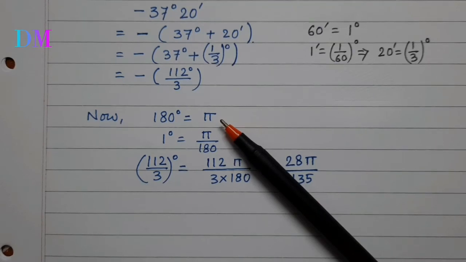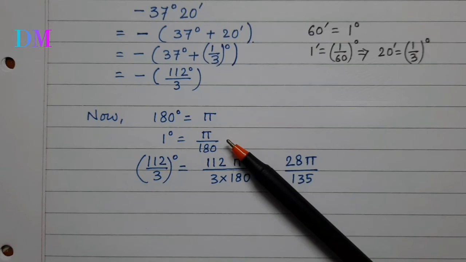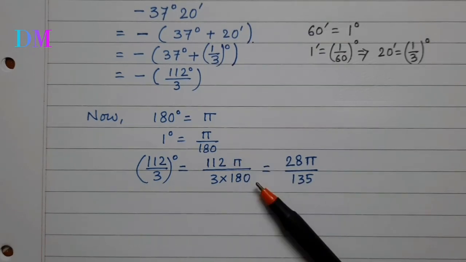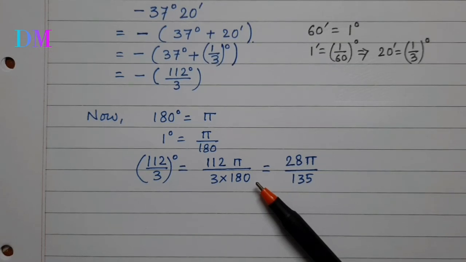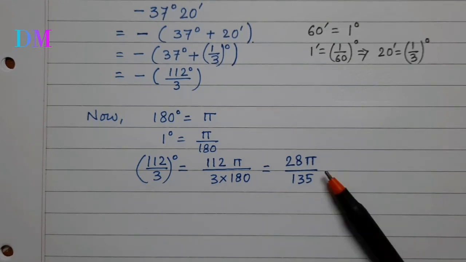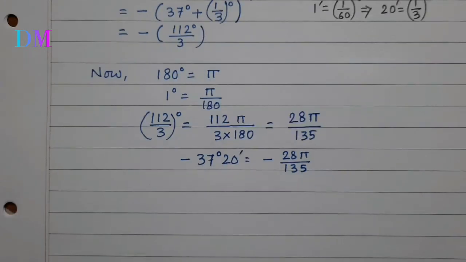Now we know that 180 degree equals pi. So therefore 1 degree equals pi by 180. Hence 112 by 3 degree will be 112 pi by 3 into 180 radian, which after simplifying we get 28 pi by 135 radian.